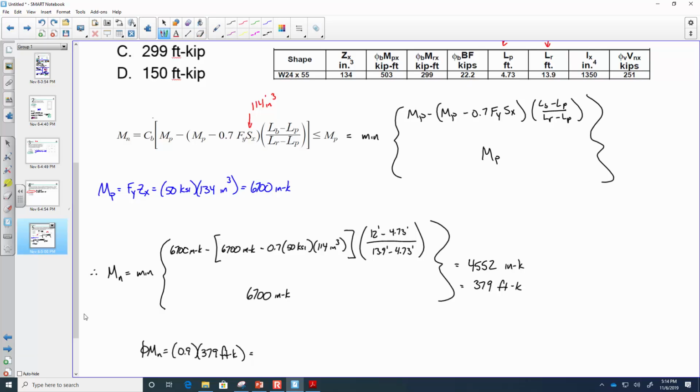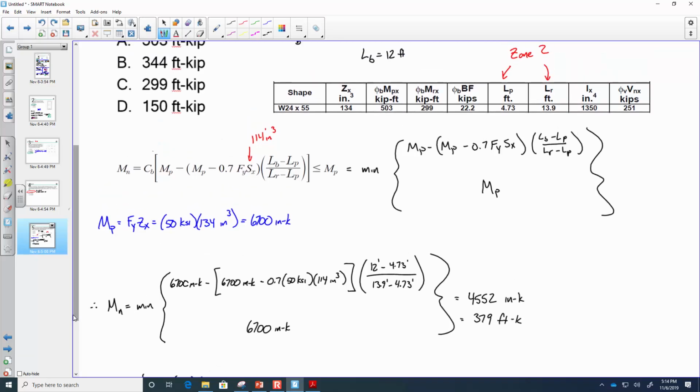And what is that? 341. That's a little better. There's probably some rounding issues there, but that's a little better. I have one more problem. It's a lot easier, because it's a lot more straightforward. But before I move on, does anybody have any questions? I've reviewed like 2 classes in an hour and a half. It's pretty good.